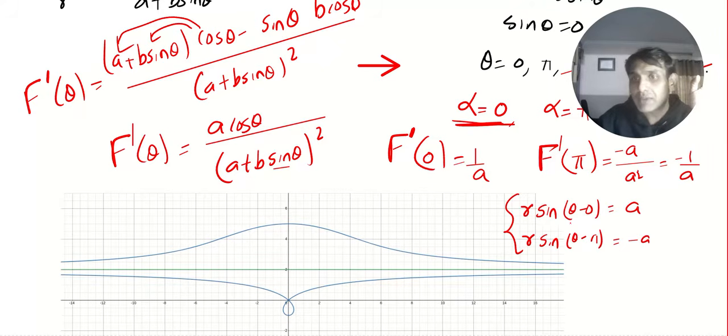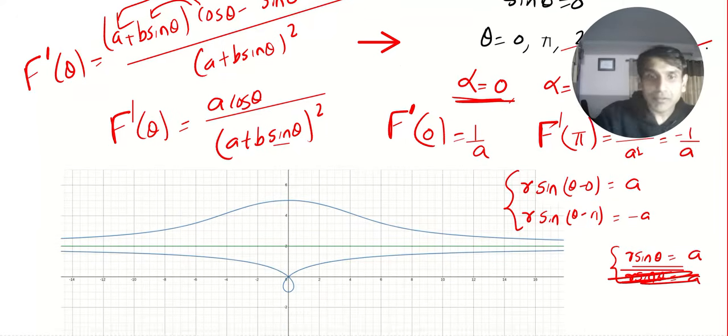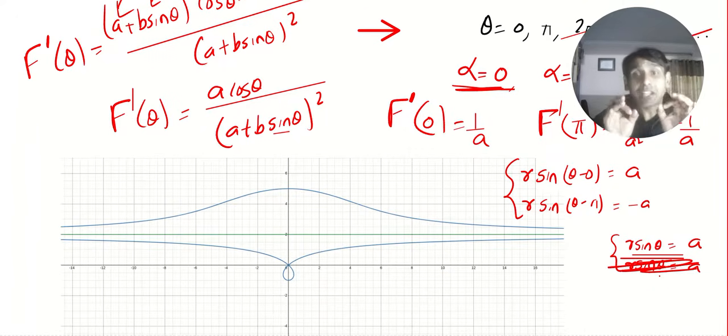When I simplify this, the first one becomes r sin θ is equal to a, and the second one also becomes r sin θ equal to a. I was expecting I'll get two asymptotes, but I got only one. From the graph, it is super clear there is only one asymptote. Can you see? This green line is the asymptote and the blue stuff is the curve.